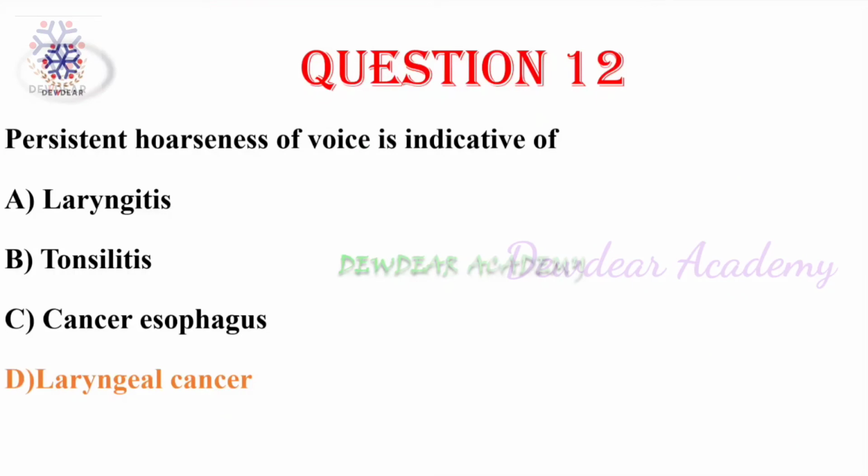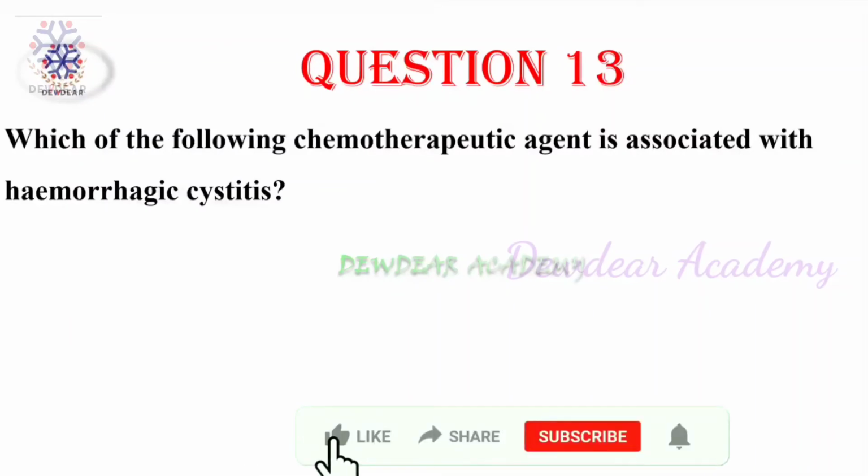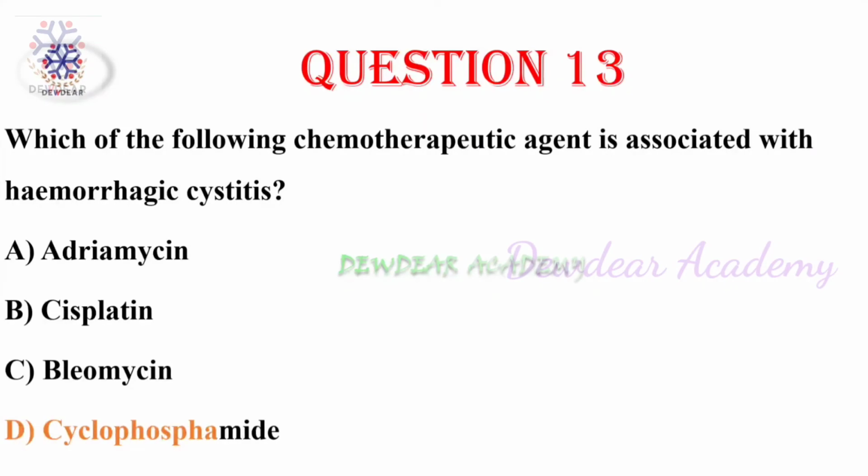Question number 13. Which of the following chemotherapeutic agents is associated with hemorrhagic cystitis? Options: adriamycin, cisplatin, bleomycin, cyclophosphamide. The correct answer is cyclophosphamide.